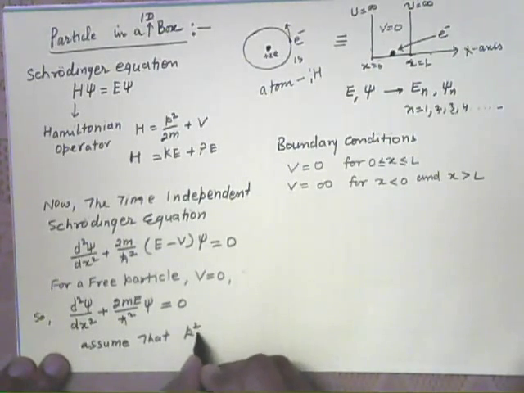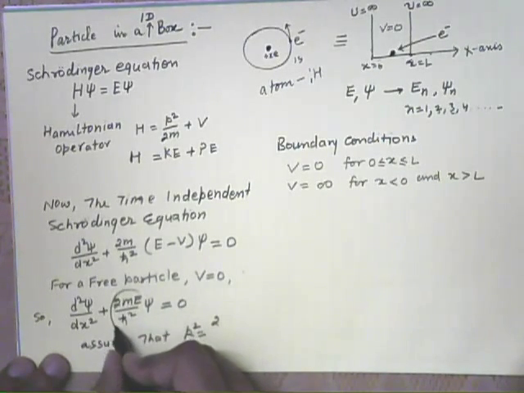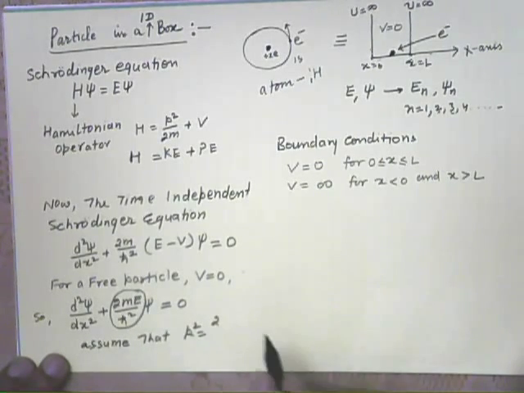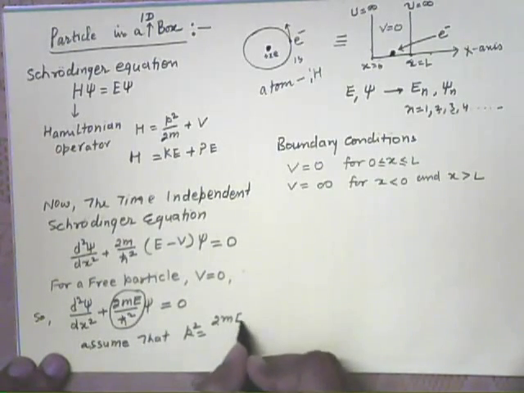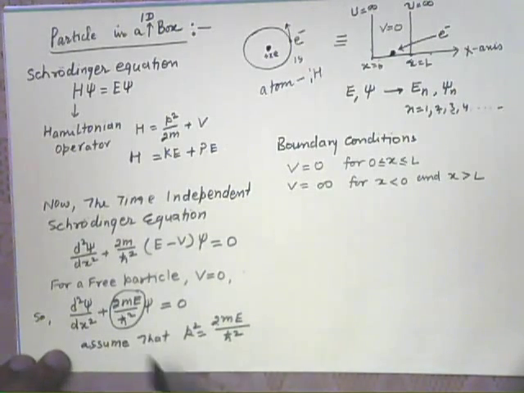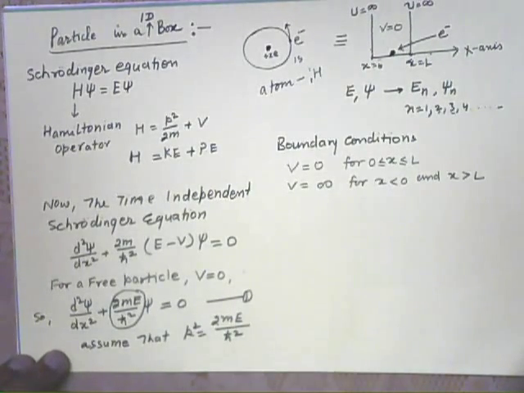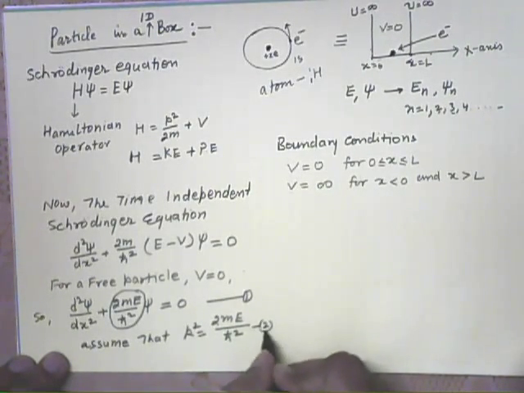And here we can assume that k square is equal to this factor, 2mE upon h cross square. Suppose this is our first equation and this is second.